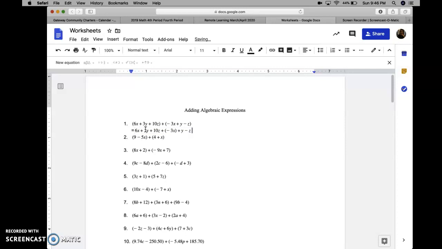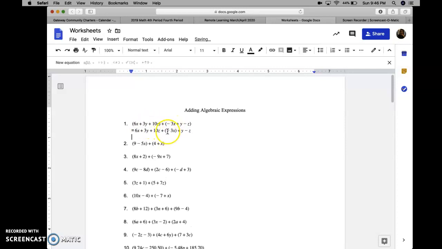Poof, they're gone. I put the negative 3x in parentheses because it'll look cleaner that way. It kind of looks chunky and not very pretty when the plus and minus are next to each other like that. So there it is. I've opened up the parentheses.